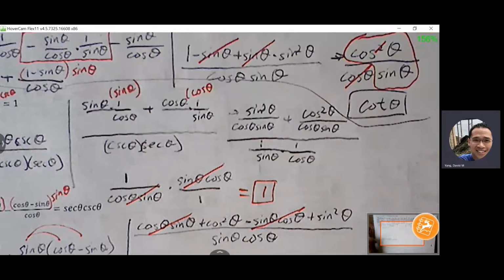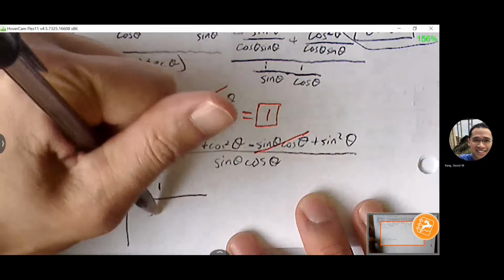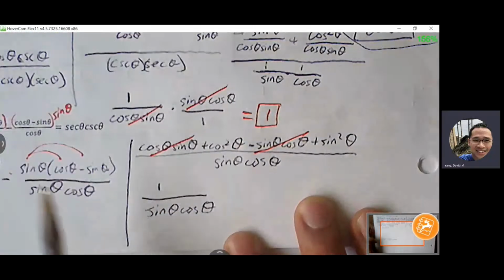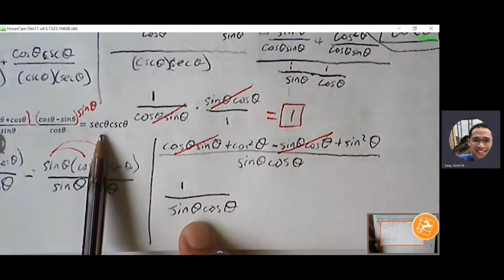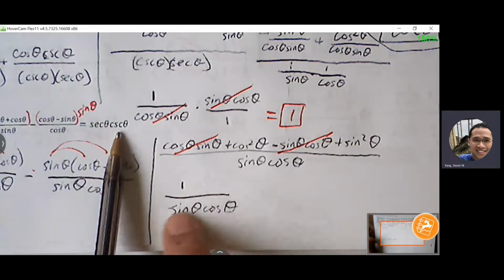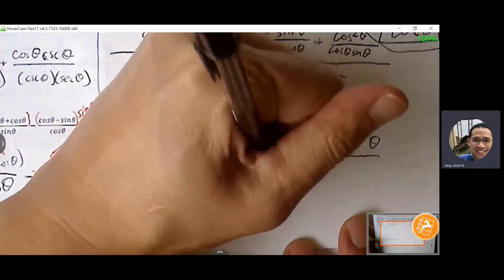So we have 1 over sine cosine. Okay, let's go back and look at what we're trying to reach here. We're trying to reach secant, cosecant. Are we close? Yeah. We know that secant is the reciprocal of cosine. Cosecant is the reciprocal of sine. So we basically can just flip them and turn it into.